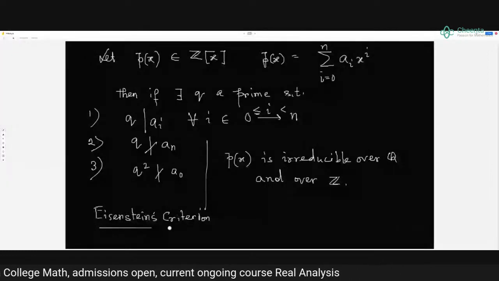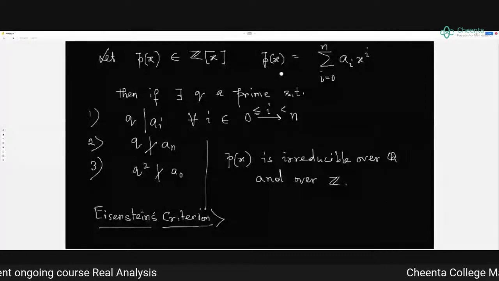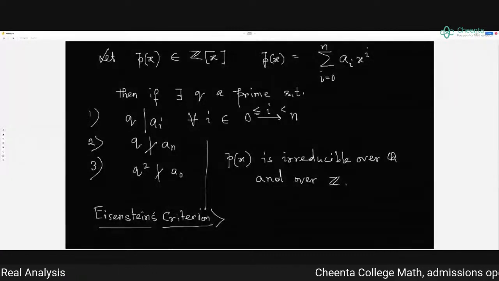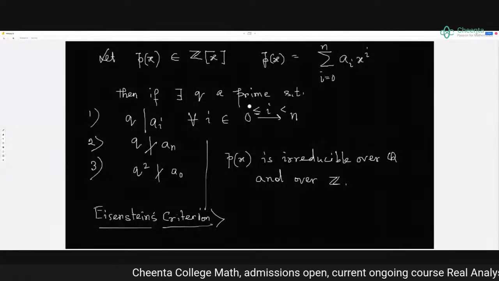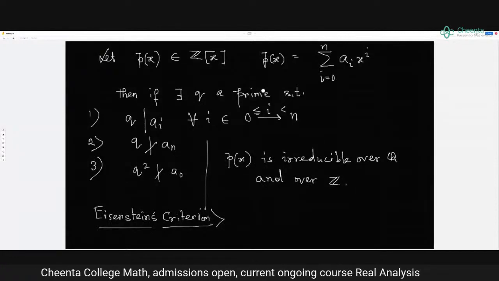So how do we approach this problem if I want to look at it from the Eisenstein's criterion perspective?